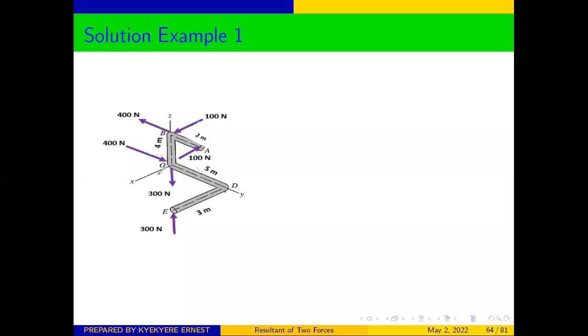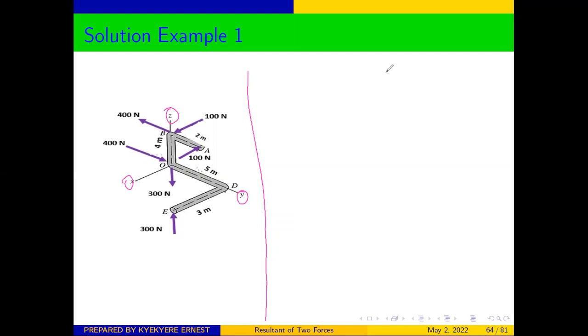Good. So you have seen that in this case, the diagram is 3D. We have the x-axis, the z-axis, and the y-axis. If it is a 3D object and you want to find the resultant couple, you can use the scalar method and you can also use the vector method.